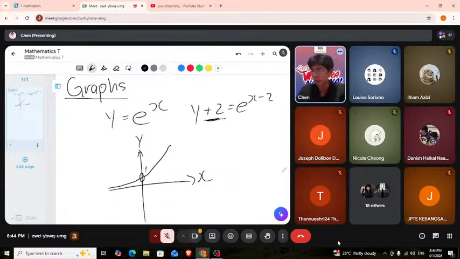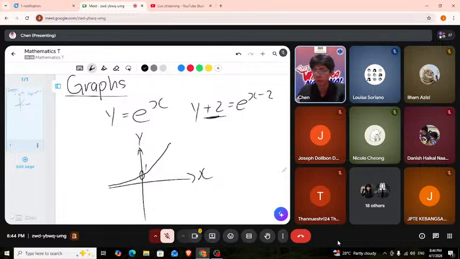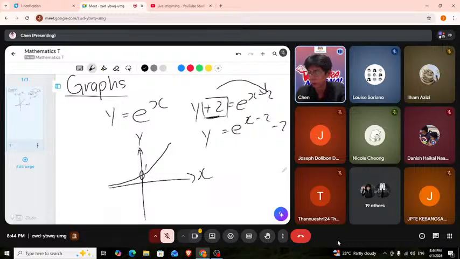But in this case, just remember, if you don't know how to do this, if y is equal to y plus 2, remember that this goes here on the opposite side. So if you have this on the opposite side, it has minus 2 here, right? So you can just remember this only.